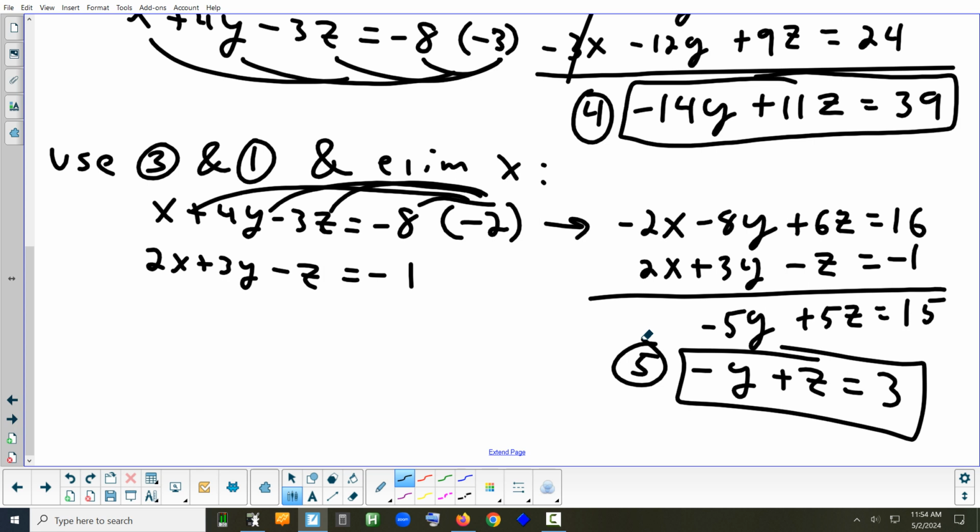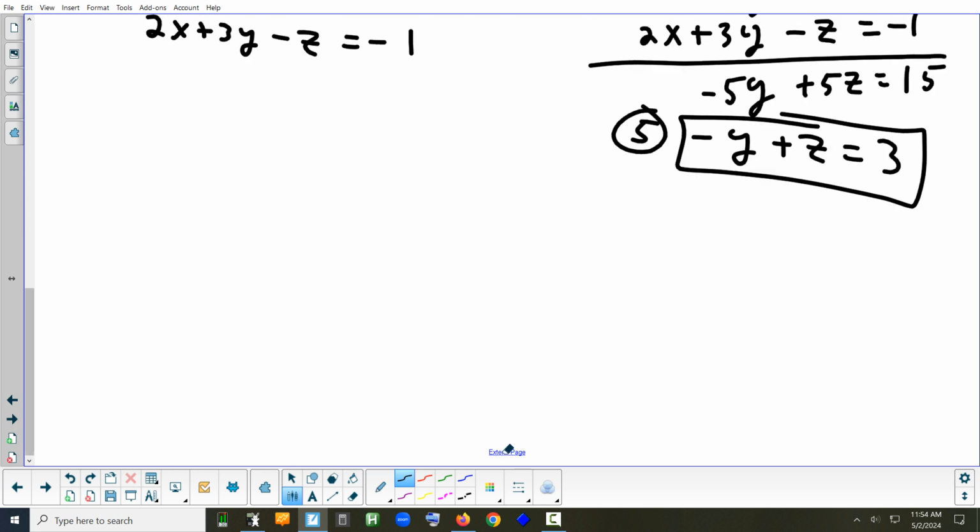Okay, so now we've got equations 4 and 5. Those are the two we're going to use now because it's down to 2 equations and 2 variables. And solving those 2 equations will give us the correct answers for y and z. We've eliminated the x out of the equation.